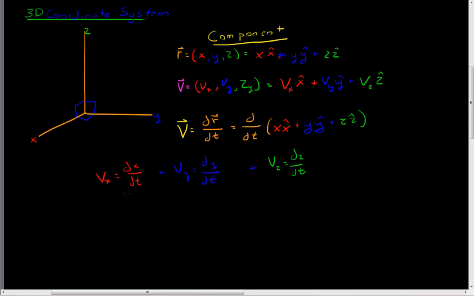which tells us that if we take the derivative again of the velocity with respect to time, we will get our acceleration.